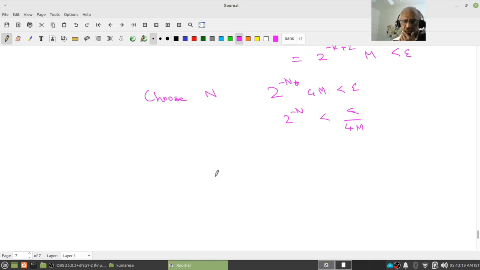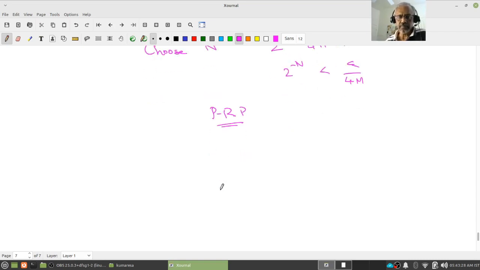Can you do that? Please understand. Hence if k is greater than or equal to n, my J_k will be contained in (x minus epsilon, x plus epsilon).